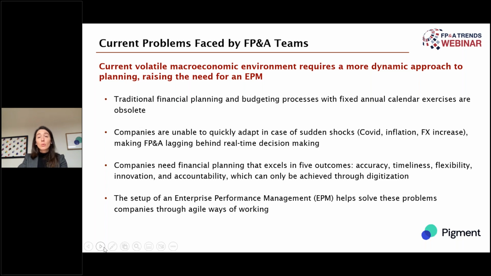First, we see through our customers that many FP&A teams' traditional planning processes are just broken. Broken because they get the insights from their management team that they get very little value from the annual calendar planning exercise, and that does not support real-time decision-making and real-time visibility on your ability to make your targets.